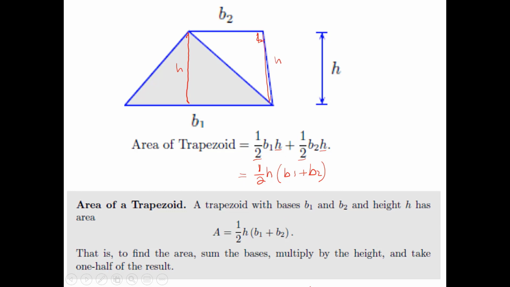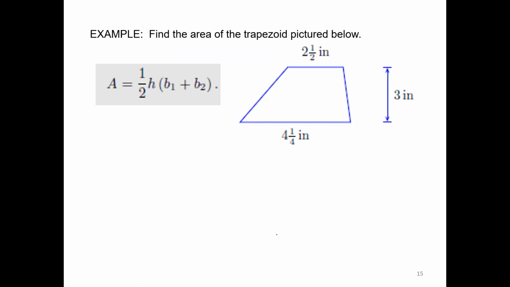And this is how we can calculate the area of the trapezoid, where h is the height, the distance between the two bases, and b1 and b2 are the bases of the trapezoid. And let's try to calculate the area of this trapezoid.